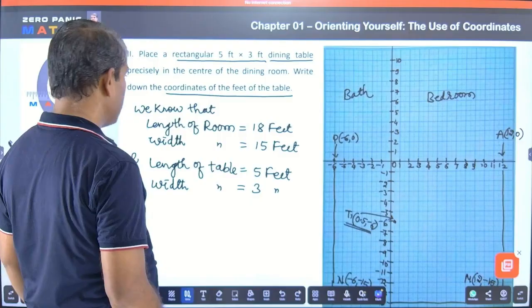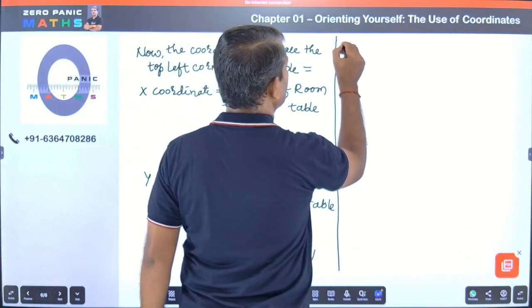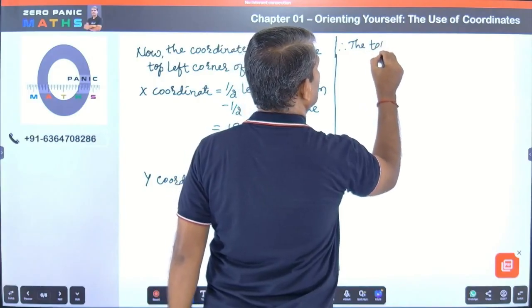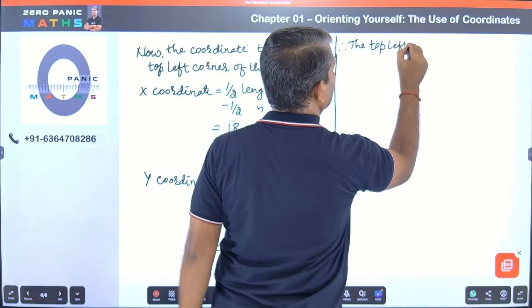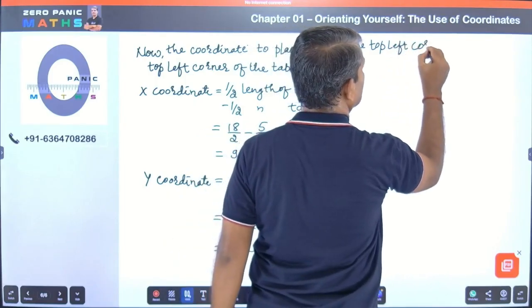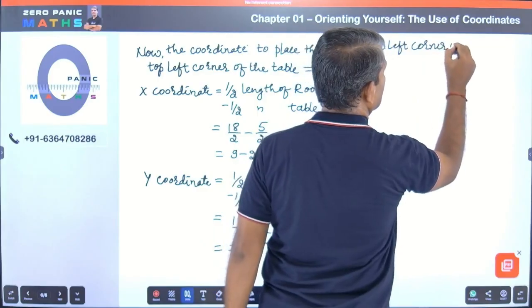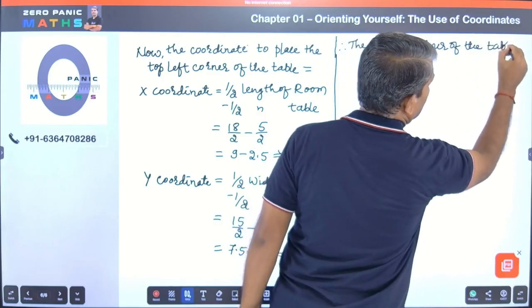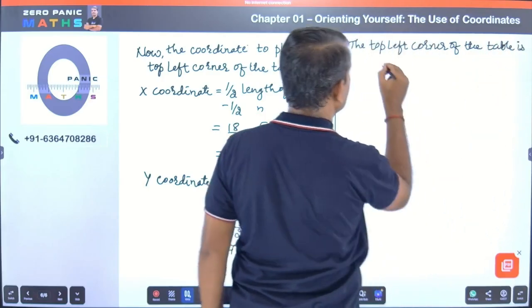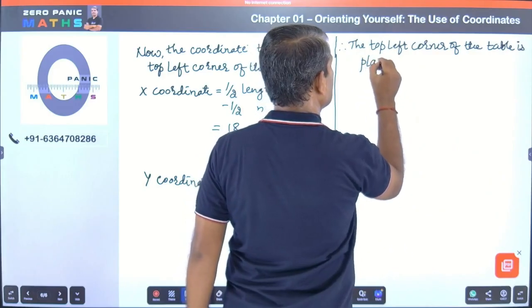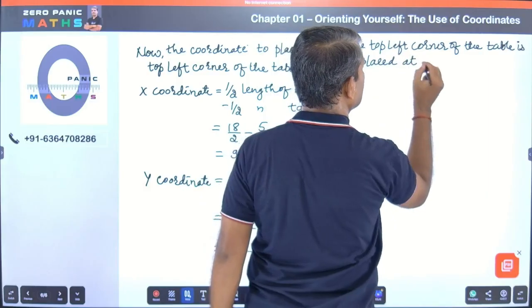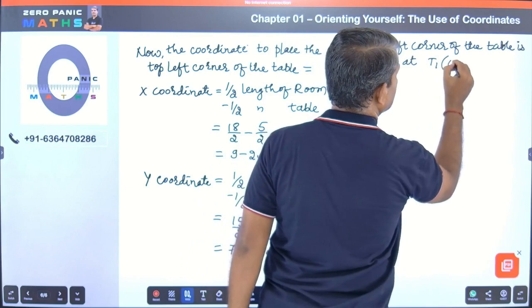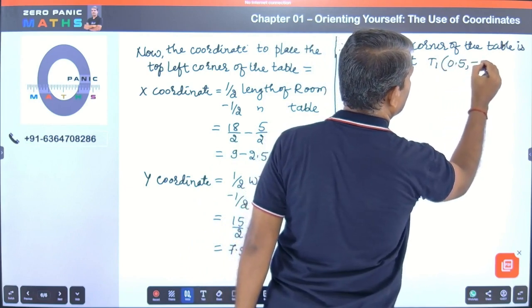So let me write that. Therefore the top left corner of the table is placed at T1, which is 0.5 and minus 6.